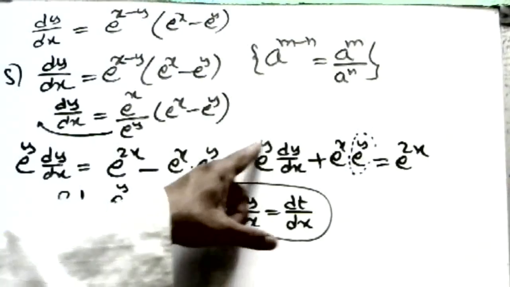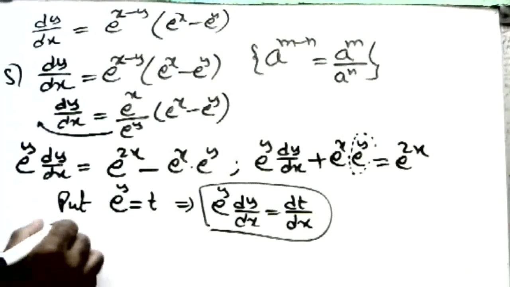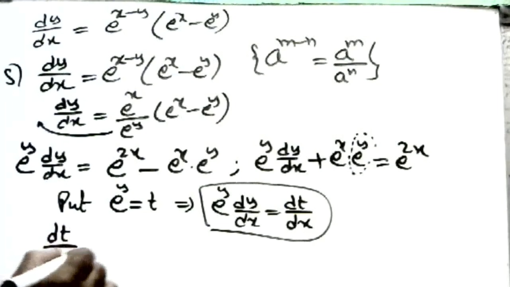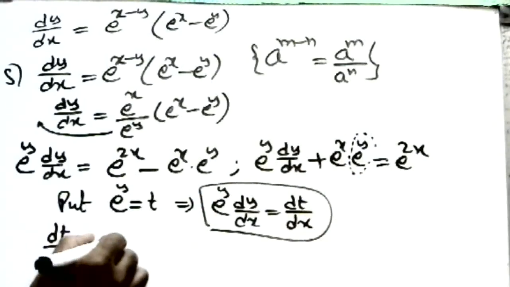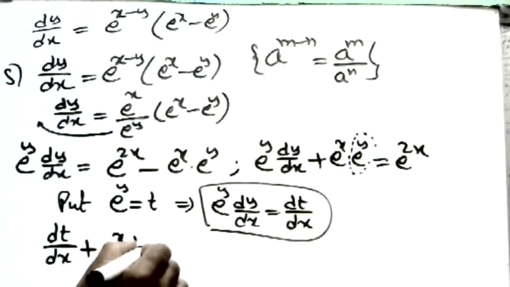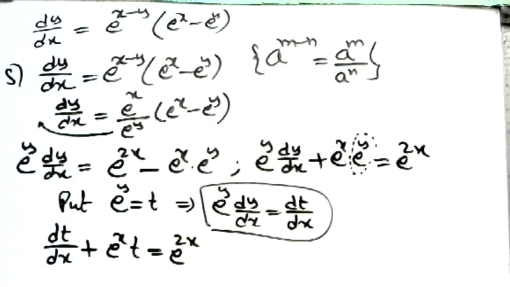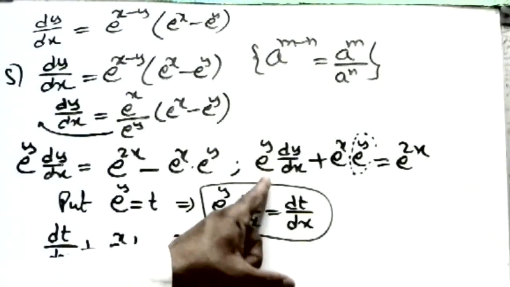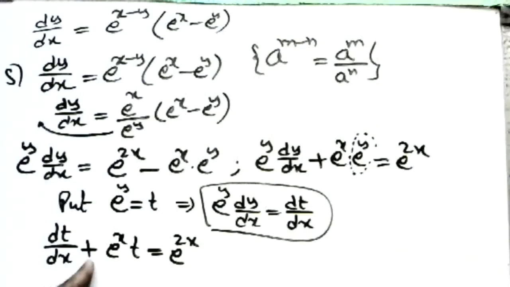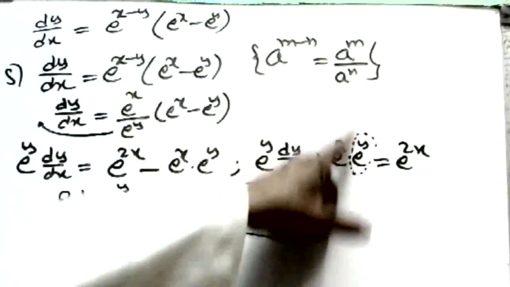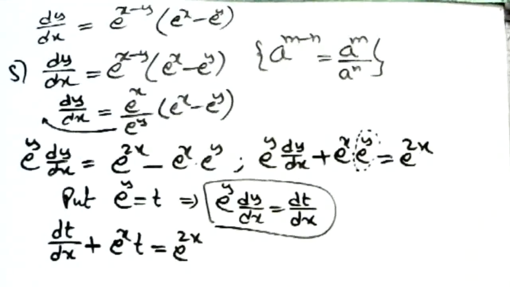Now see here, the question will get changed. e power y dy by dx, we got this as dt by dx, plus e power x into e power y, we kept this as t, equals e power 2x.